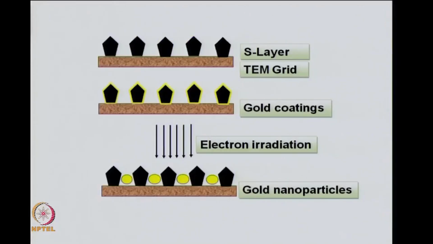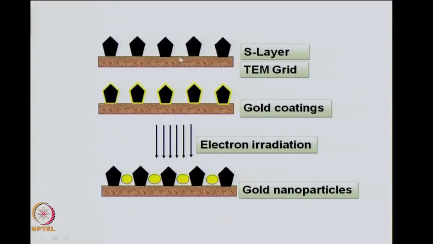So, typically you make an S layer, that means you make a layer made up of this polypeptide chain which organizes itself. So, it forms a pattern, and this pattern we are showing in one dimension, but it can be like this in 2 dimensions, right. And here what we are showing schematically is that this S layer, which is organized as a pattern, is on a TEM grid, because we want to use the TEM, and so you make this pattern on the TEM grid.